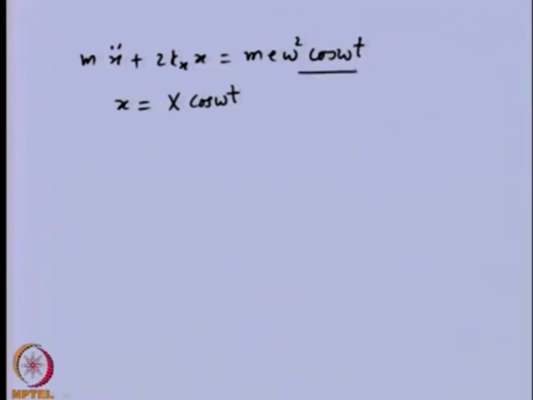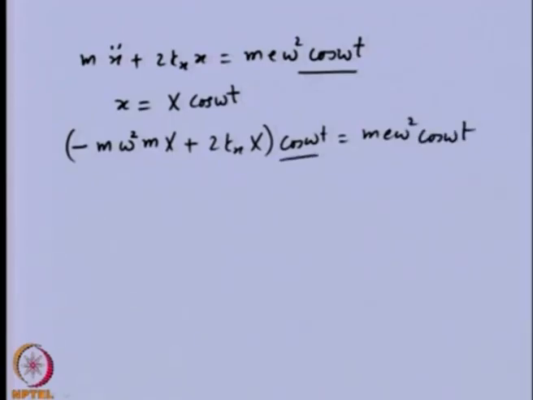If we substitute this in the equation of motion, we will get minus m omega square capital X plus 2 k x capital X, and the cos omega t term will be common.